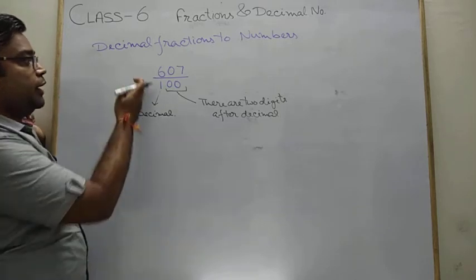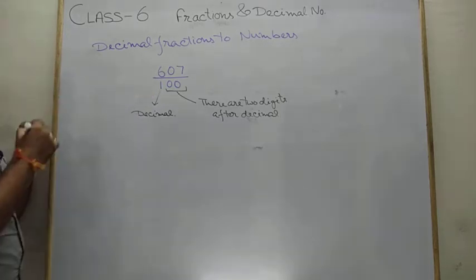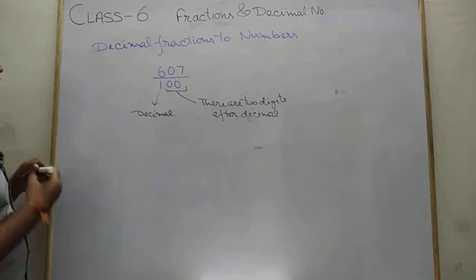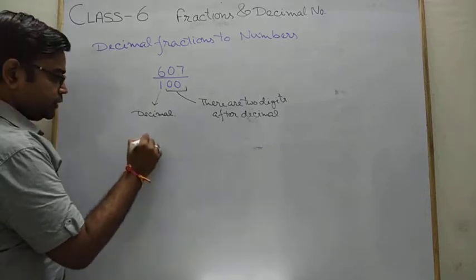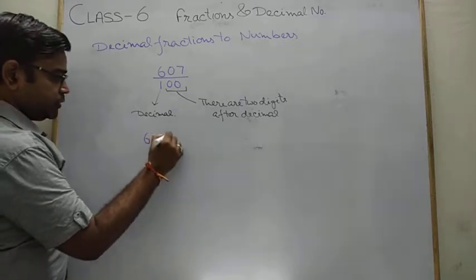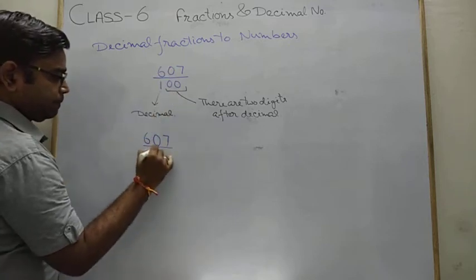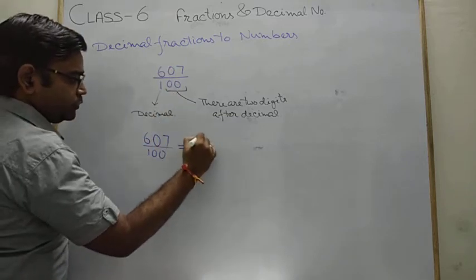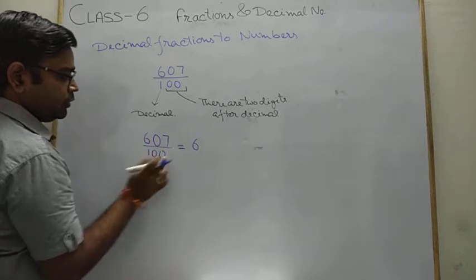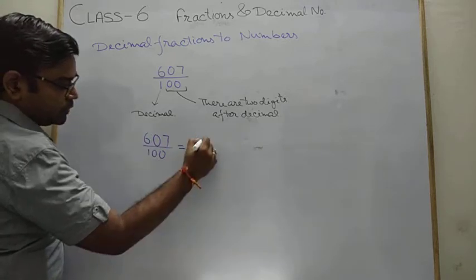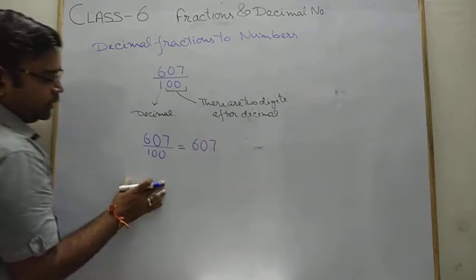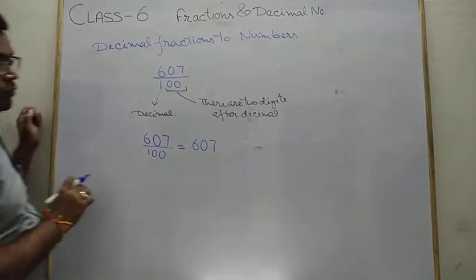So how can we express this 607 upon 100? First we write the numerator part, 607. Then check how many zeros we have. There are 2 zeros.